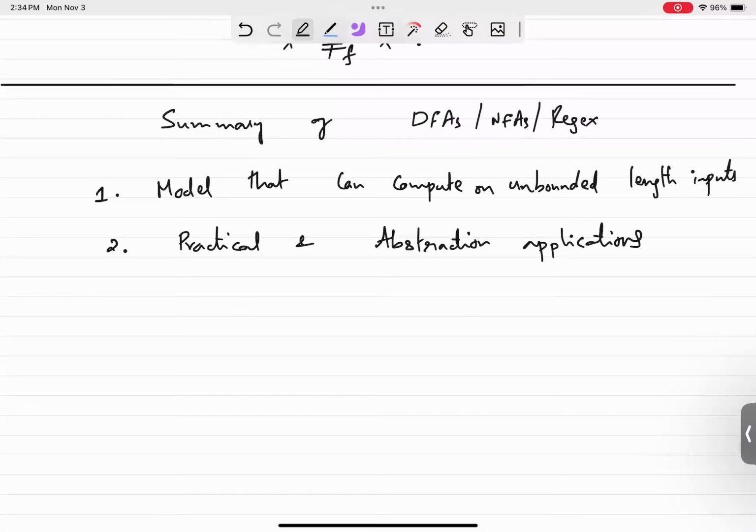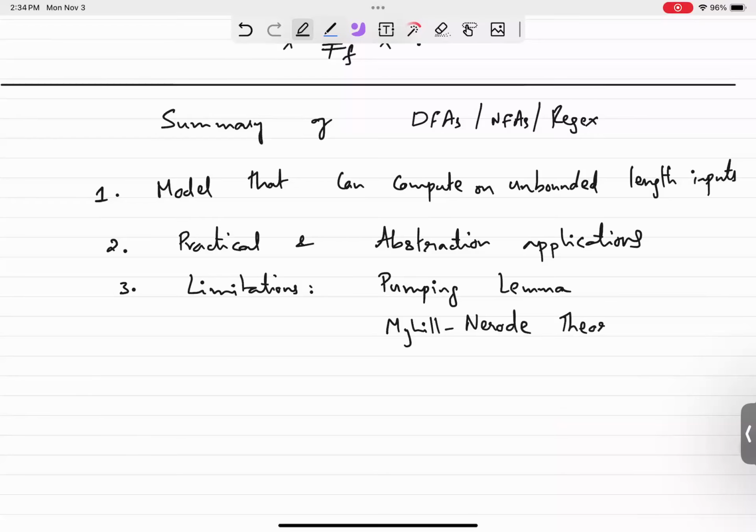And we also saw that, okay, as good as they are, they have limitations. So there are many functions, several we saw examples of, that cannot be computed by DFAs or NFAs. Okay. So that means we need to tweak the model, right? We started out with circuits, which were very good.